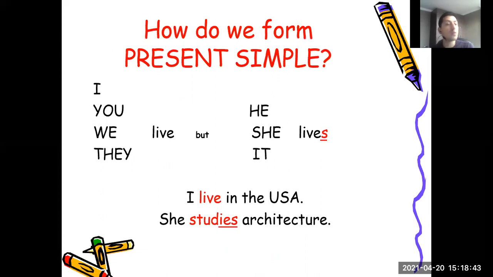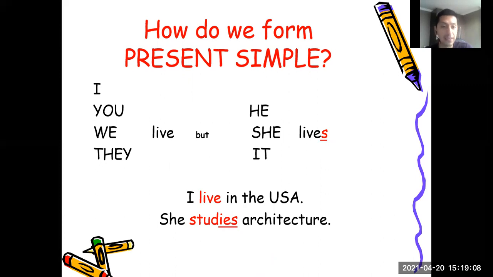Now, let's go with the structure. How do we form the present simple? In this case, we have to be very careful because in present simple tense, we have to differentiate between the third person singular and the other persons, okay? So with pronouns like I, you, we, or they, we normally use the verb as it is.